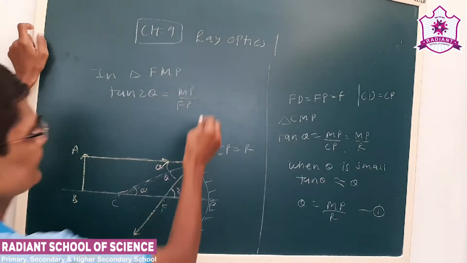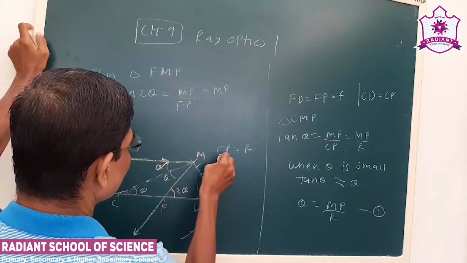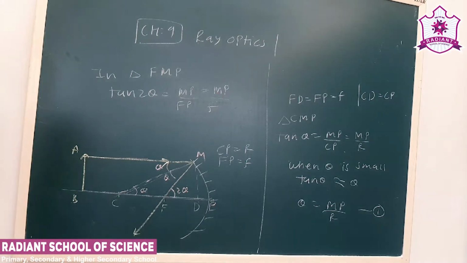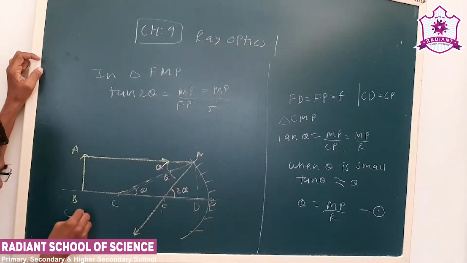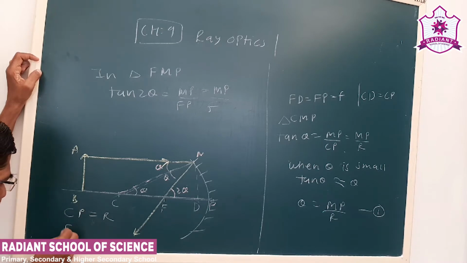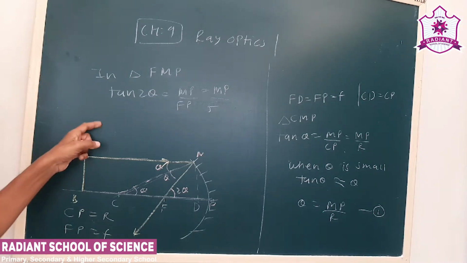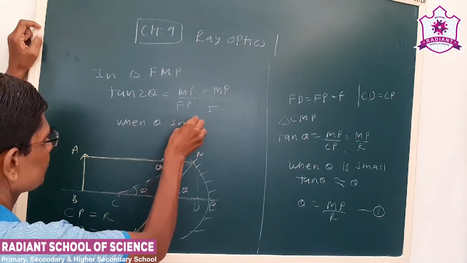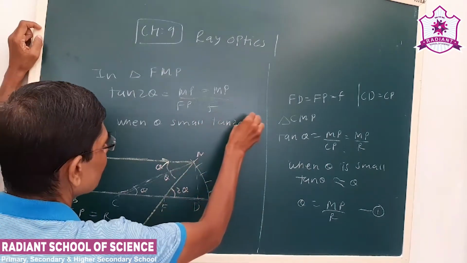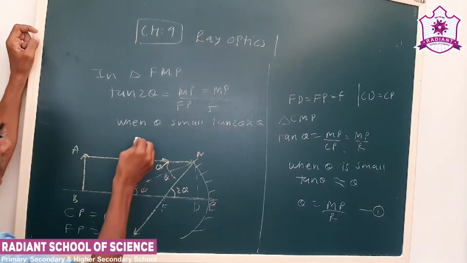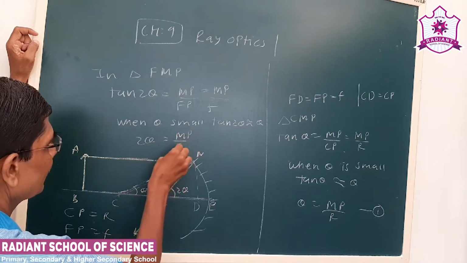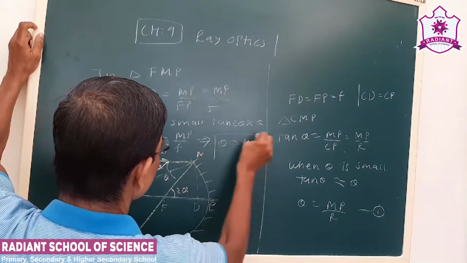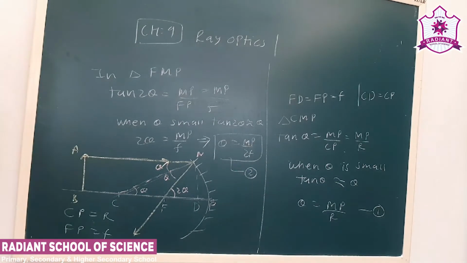Our FP is the focal length F. Now we can write CP is equal to R and FP is equal to F. Again here also, when theta is small, tan 2 theta we can take approximately as 2 theta. 2 theta is MP upon F. That gives theta is MP upon 2F. Let us say this is equation number 2.